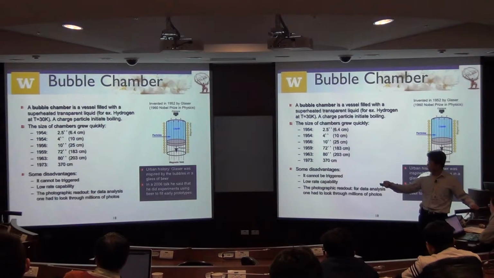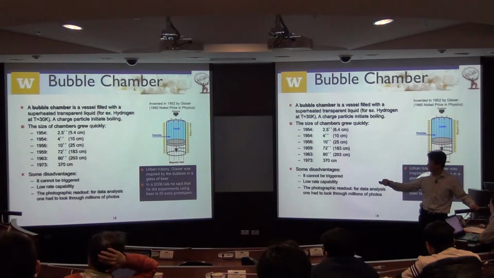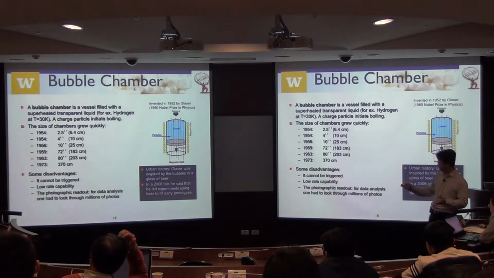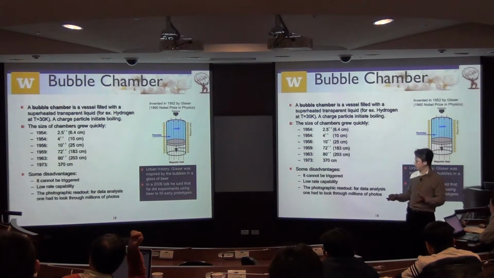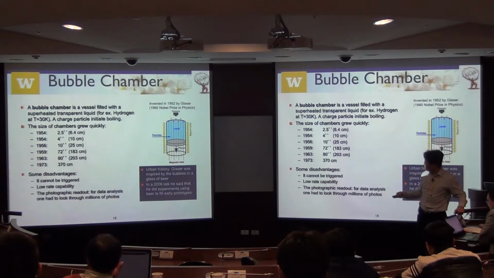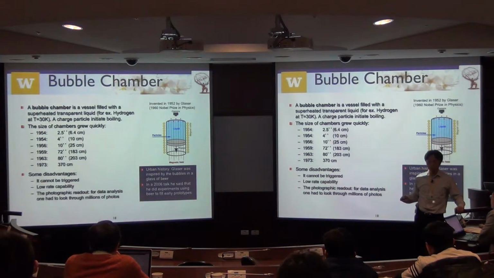From 1954 to roughly 20 years of development, you can see that it evolved from a small 6 centimeter chamber on a tabletop into a huge device, like one floor large. Sorry, I did not put a picture, but if you have a chance to visit CERN, next to the CERN cafeteria you can see a chamber that looks like a space capsule.